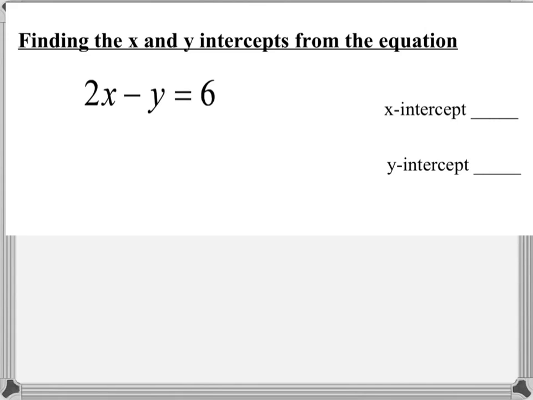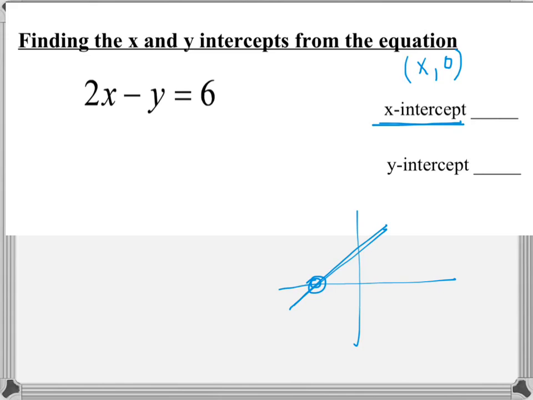Okay, if I have an equation, there are a couple different ways I can figure this out. First of all, if I have an equation in standard form, what's pretty nice is, remember, to find the x-intercept, I'm looking for the x-coordinate when the y-coordinate is 0. That's what the x-intercept is: where does it cross the x-axis? So let's say I have a line and it crosses here.